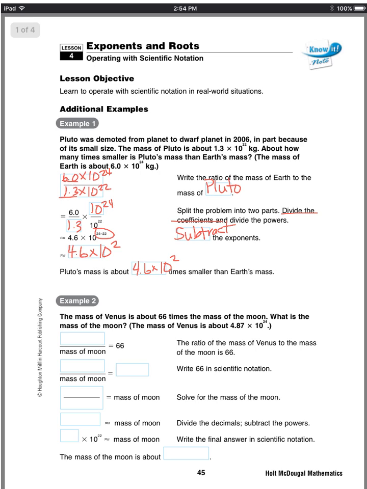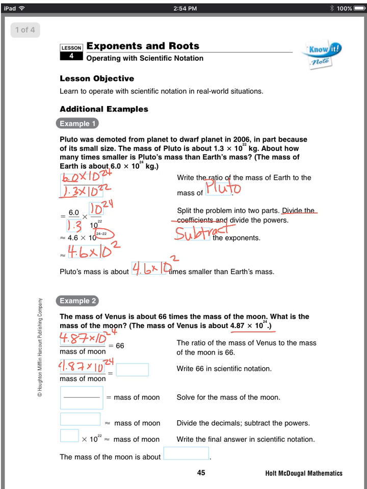We do know that the mass of Venus is 4.87 times 10 to the 24th, I'm sorry. And if we were to take that mass and divide it by the moon's mass, we would get 66. So we're going to write 66 in scientific notation. First we're going to bring down the 4.87 times 10 to the 24th.